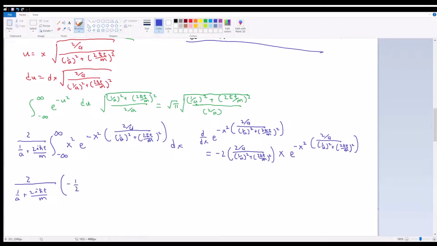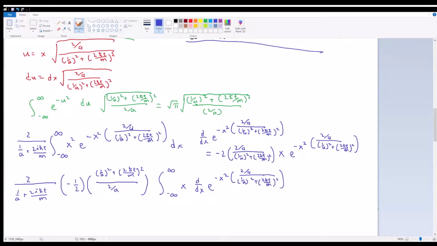Negative 1/2 times 1 over a squared plus 2h bar t over m squared over 2 over a, because we take this whole thing basically and take the reciprocal of it to move it onto the other side, and we have an integral from negative infinity to infinity of x times d by dx of e to the negative x squared times 2 over a 1 over a squared plus 2h bar t over m squared dx.